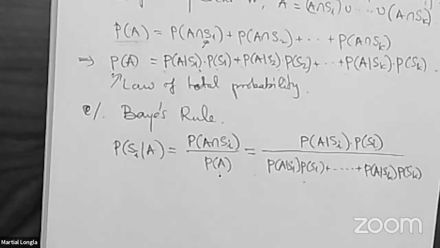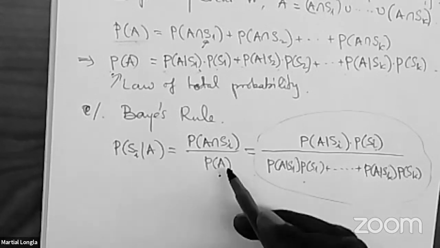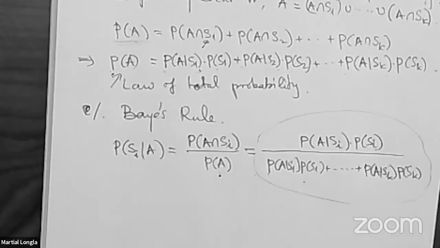And this is what we call the Bayes formula. You can see it just comes from that ratio, which is the definition of the conditional probability, to which we added the law of total probability.